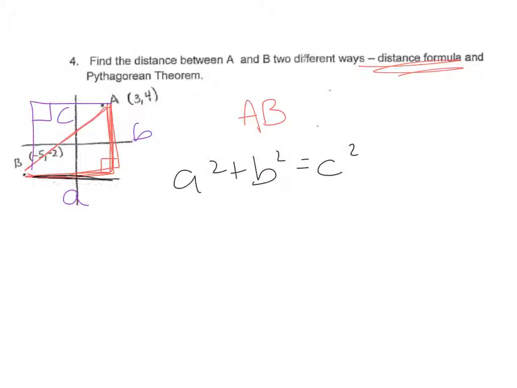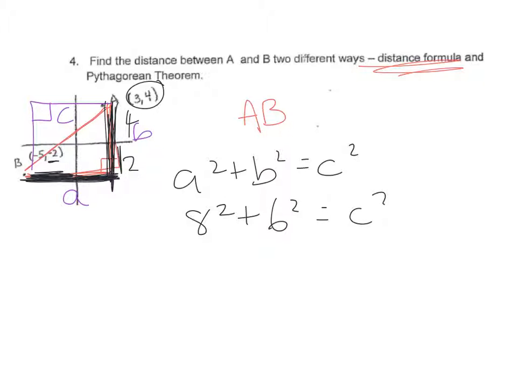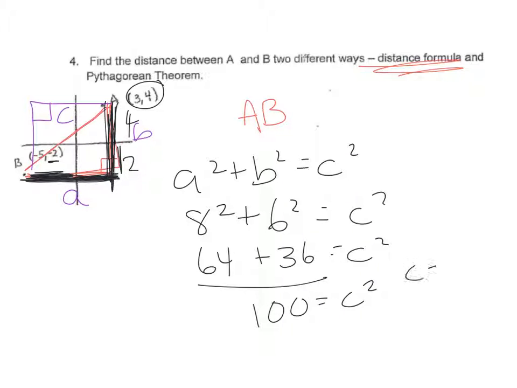So the distance between here and here has to be 8 because this is negative 5 and this is 3. So it's 8 squared plus the B has to be, here's 4 and here's negative 2, so this side has to be 6, equals C squared. So 64 plus 36 equals C squared. 100 equals C squared. C has to equal 10. And if I did the distance formula, C would also be 10.